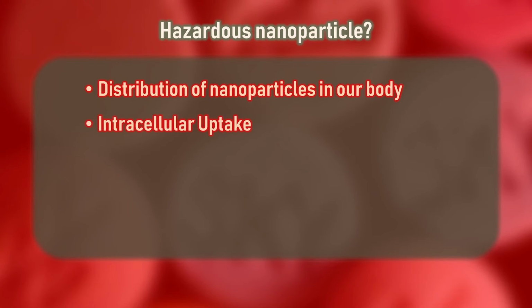Furthermore, the nanoparticles enter the cell, called intracellular uptake. It is hard to investigate the actual damage it brings in vitro versus in vivo. This means that the actual damage in our body is not easy to research or to know.